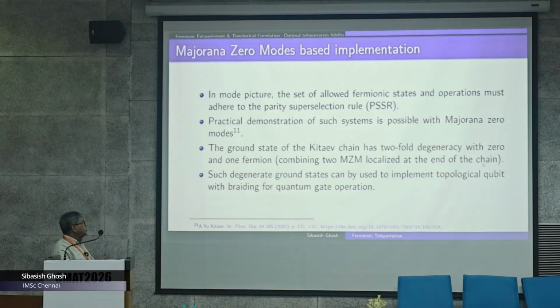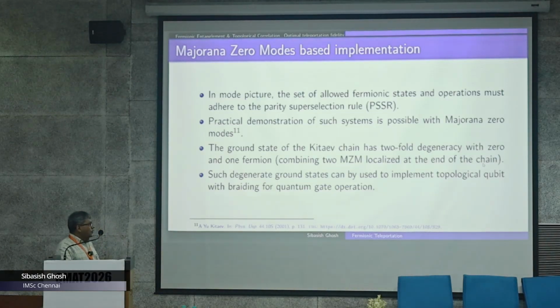So basically, in the mode picture, as I said, the allowed fermionic states and operations must satisfy the PSSR condition, the parity superselection rule, and a practical demonstration of systems satisfying this PSSR can be done with Majorana zero modes. Of course, the question is, where will you get to see Majorana zero modes? Microsoft has recently claimed that they have the Majorana zero mode, but it's still questionable.